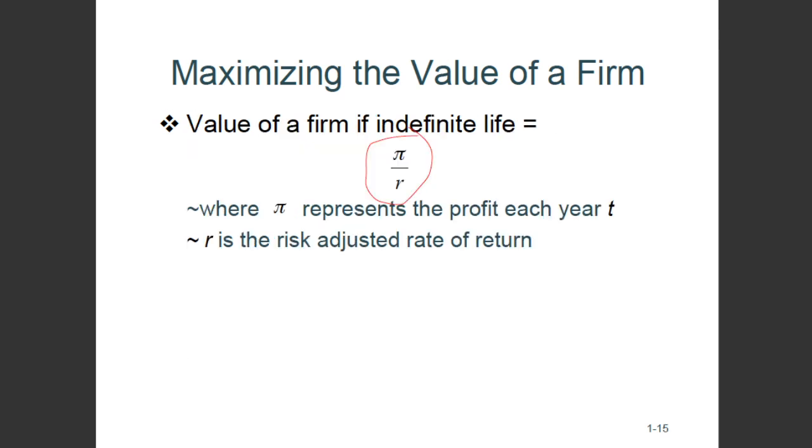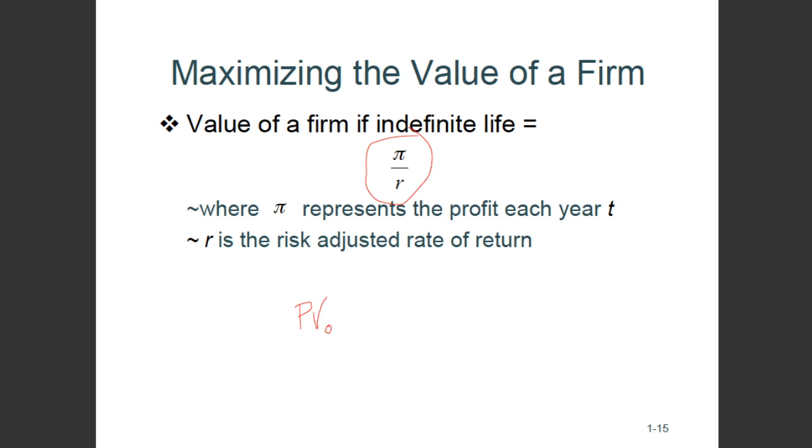So this is the formula for the value of the firm. That's because, let's say this is the price. Let's call this the price of the firm, or the present value. Okay, so I can use present value or price.